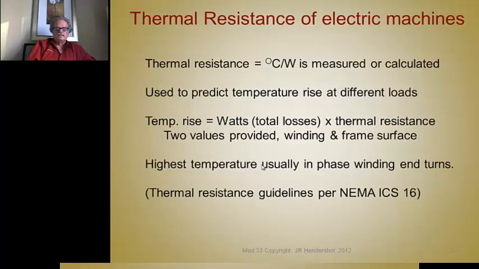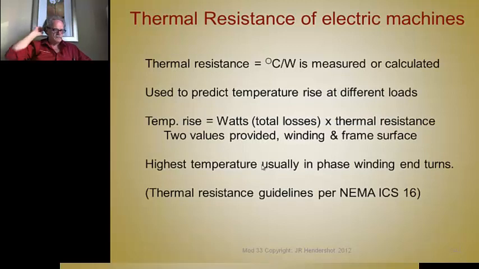And you can look at NEMA spec ICS 16, and these are the guidelines for measuring the thermal resistance of machines. There are different methods by which it's done. It was probably first done by Electrocraft, by Erland Persson and his engineers, and they measured the thermal resistance of small machines, size 23, 2¼ inch brush type motors, and 3¼ inch and 4-inch motors.